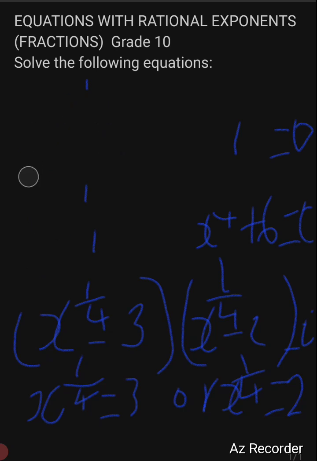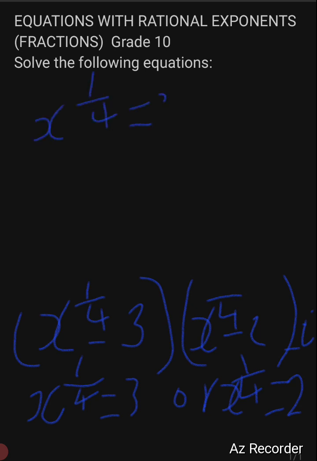So let me just erase here. We have x to the power of 1 over 4 equal to 3, and x to the power of 1 over 4 equal to 2. We need to raise both sides to the reciprocal of the exponent.